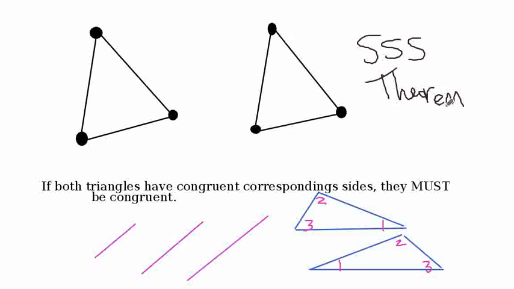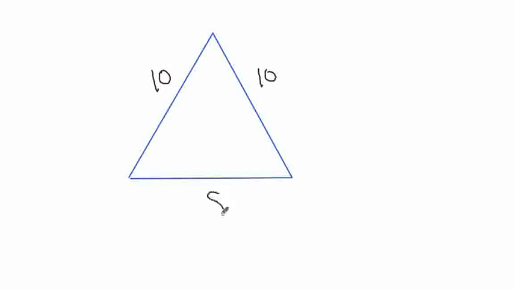congruent. Okay? So suppose that I had myself an equilateral triangle. Now let's make it an isosceles triangle. All right, so here's an isosceles triangle, which means that I have two sides that are the same. Okay? So I've got, let's say, 10 and 10, and the bottom is whatever it is. Let's say it's 8.